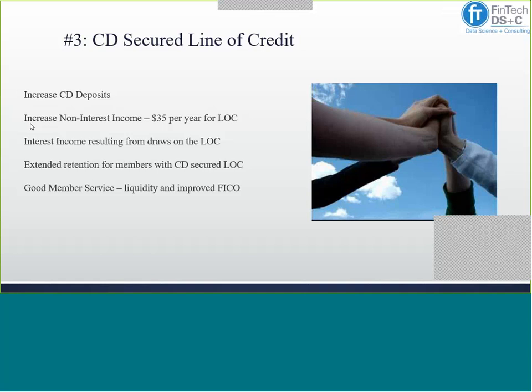Now, if they keep their balance of that cash collateralized line of credit below 50%, that's going to be their first of 4 boosts to their FICO score. And if they keep only a 10% outstanding balance, so let's say they withdraw $180, they've got 90% of that credit line available.